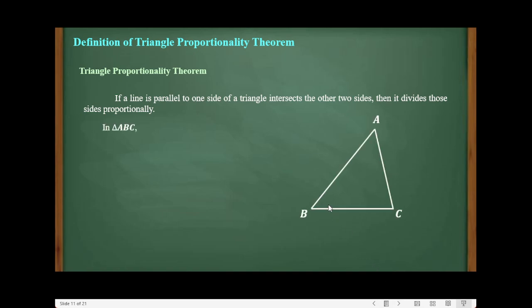Suppose we have a triangle here and the name of the triangle is triangle ABC.